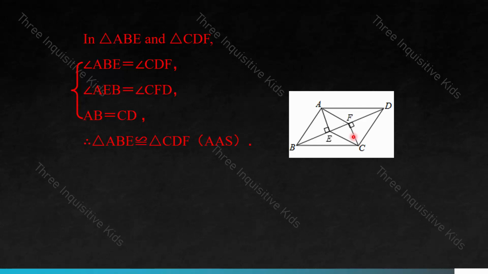So triangle ABE is congruent to triangle CDF, angle, angle, side. Therefore, AE is equal to CF, and because AE is parallel to CF, quadrilateral AECF is a parallelogram. From this, we can prove that AF is equal to CE.